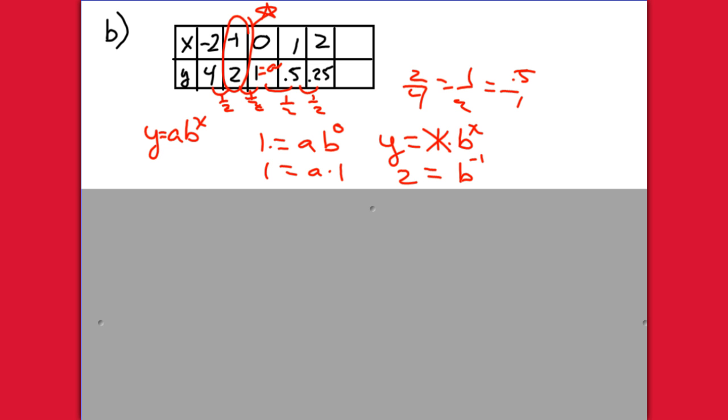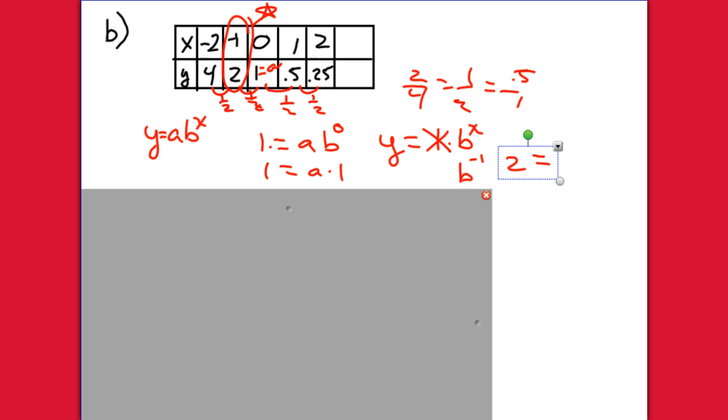What does that number equal? This is interesting. So we would have to now say, what is a number to the negative 1? This actually says 2 equals 1 over b, doesn't it?